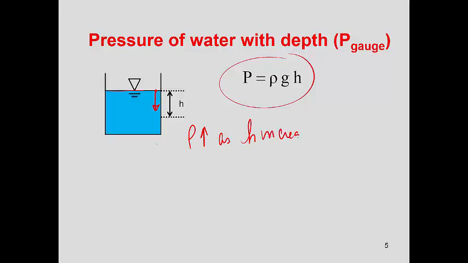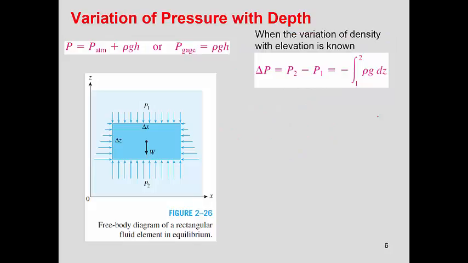Okay, so you go down and pressure increases. Whenever we look at how pressure changes with depth, we know that at a given depth the pressure will be constant. It doesn't matter the shape or form of the container, as long as you have the same fluid, the pressure will be constant at a constant depth.